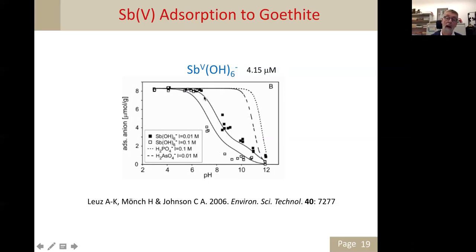And we see that at high pH, there's quite a difference. The antimonate becomes less and less strongly adsorbed in contrast to the other two solutes. And this is due to the fact that we have only anions, and the higher the pH is, the more negatively charged are the surfaces of the iron oxide, and so we get less strong sorption.